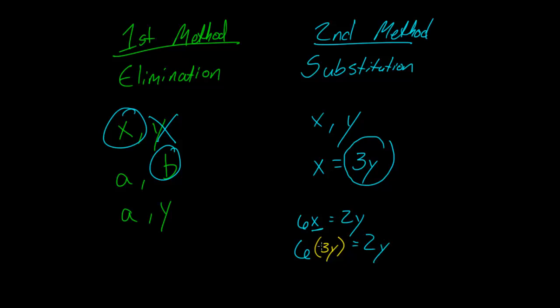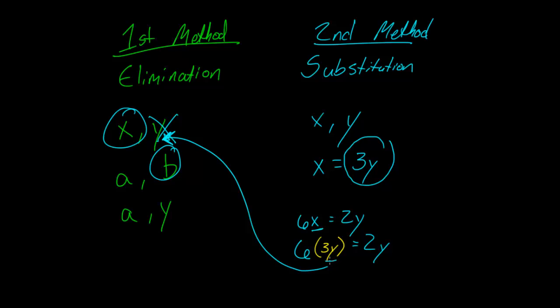Now we can solve that out. The reason we can solve this is because we have one variable, just like what I was talking about up here. We're looking to get one variable. Here we're going to eliminate and work with one variable. Here we're going to substitute another variable in for this variable, so that way we can work with one variable.